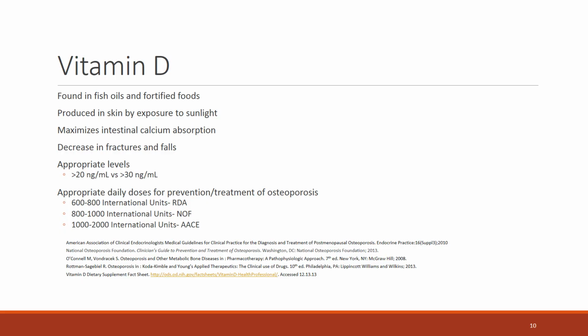Again, I'll remind you about what the appropriate doses are. According to the RDA, it was 600 to 800, depending on the age of the patient. National Osteoporosis Foundation goes a little bit higher, and most recently, the American Association of Clinical Endocrinologists goes even higher still, 1,000 to 2,000 units every day.